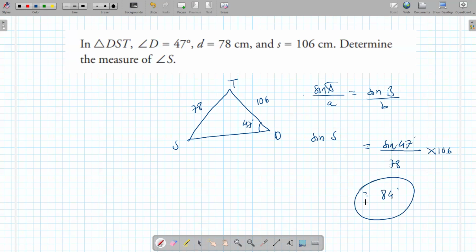Would it make sense for us to obtain an angle greater than 90? No. What about something like this?